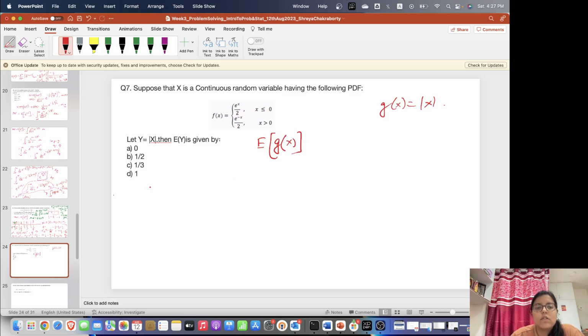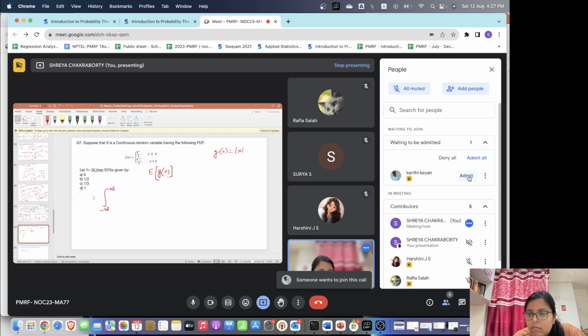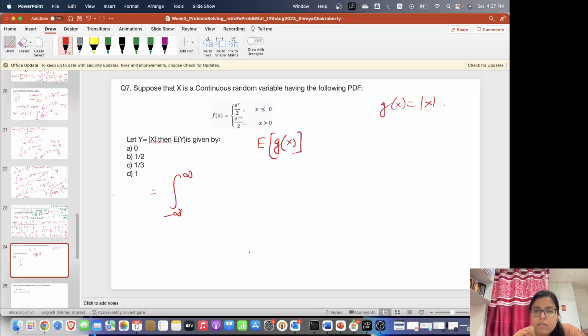Then we can write it as the integral from minus infinity to infinity of g(x) f(x) dx. Now here the entire range of x has been broken up into two parts, less than 0 and greater than 0.